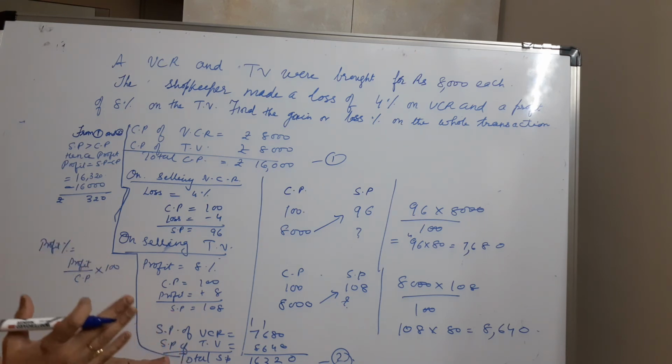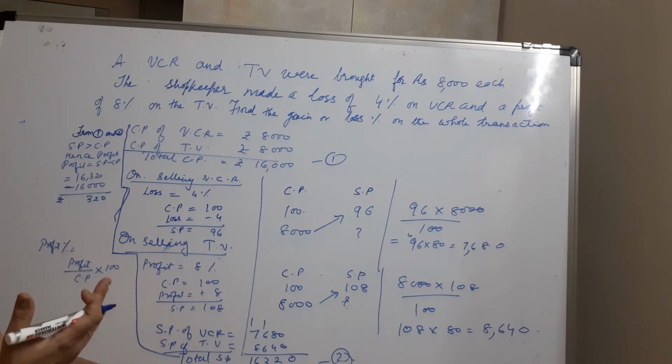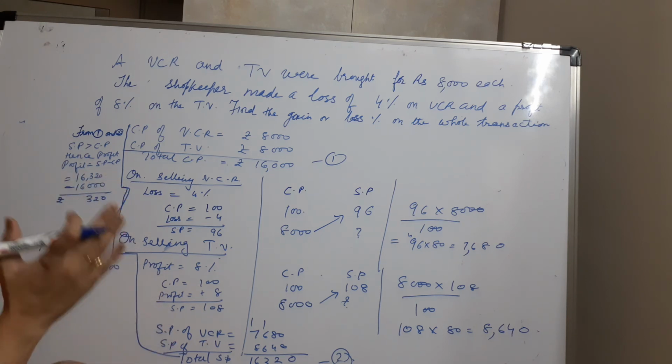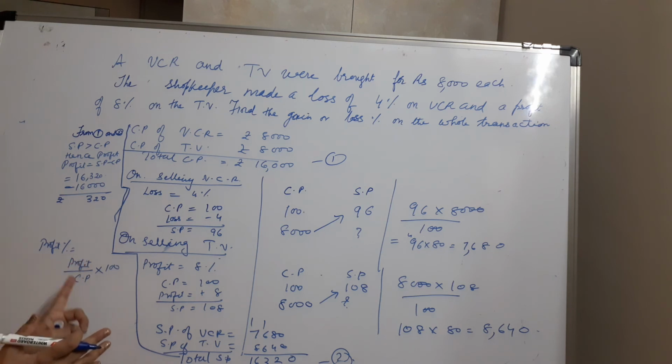Previously I taught a sum about a zoo. From the base, either an amount increases or an amount decreases. Here it is profit, hence it is increasing. Increase upon base amount. Profit upon total. Total means CP. Profit upon CP, and this 100 is because whenever we find percentage, we use 100.